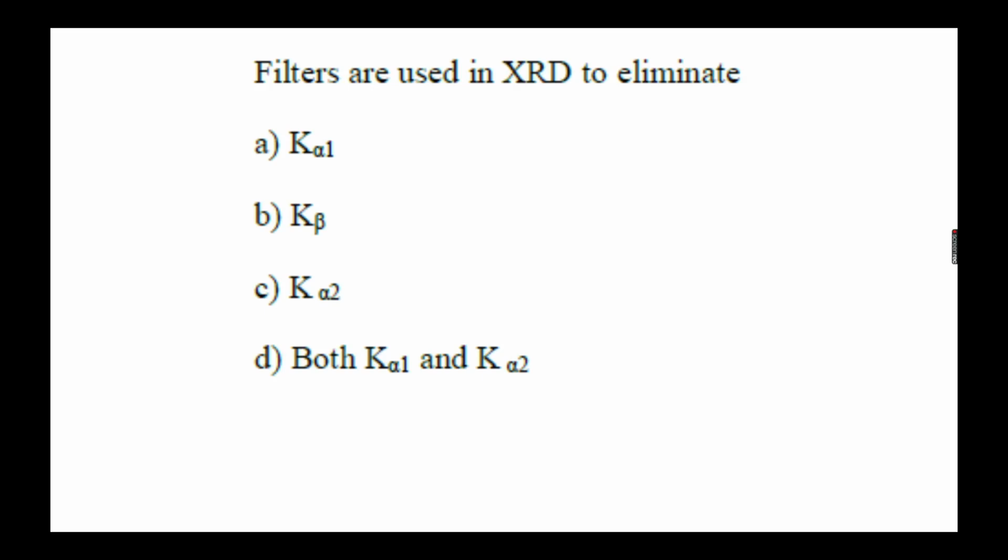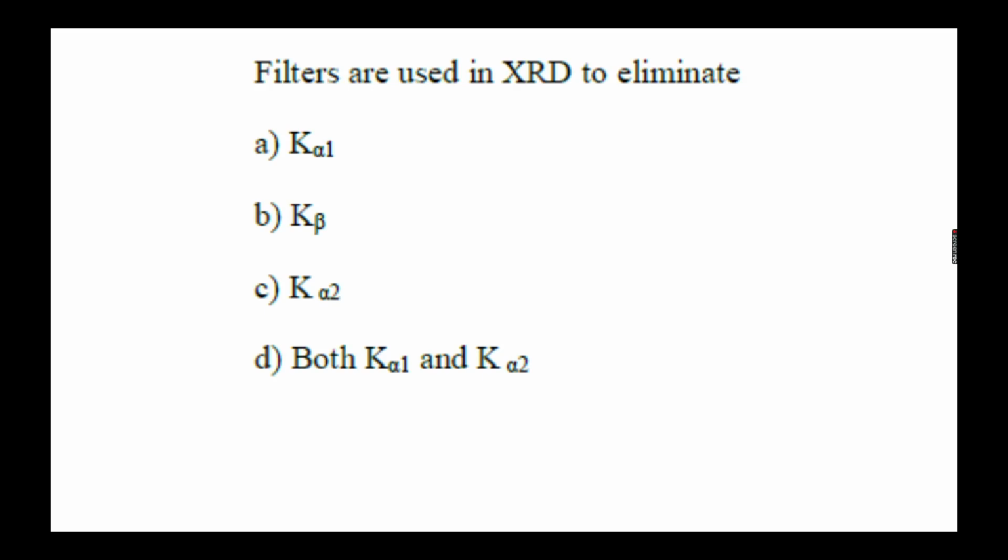So this is also the same kind of question, and I think we have taken this question in the last lecture also. I think it will be very easy for those who attended the last lecture. So filters are used in XRD to eliminate what?